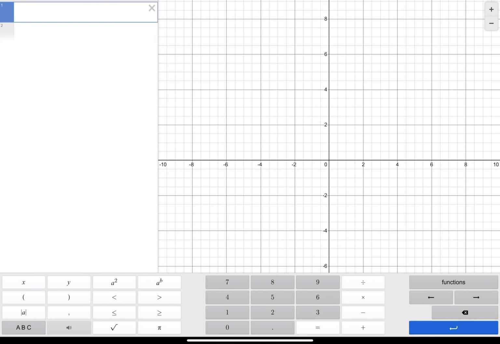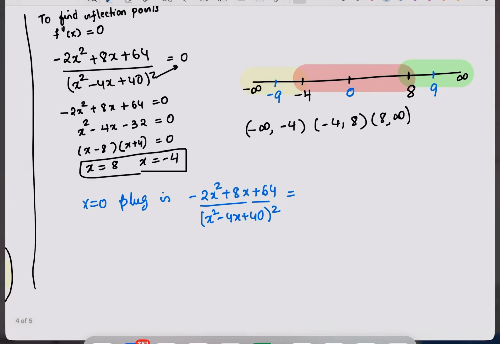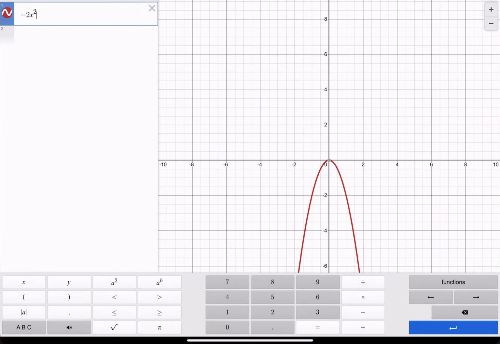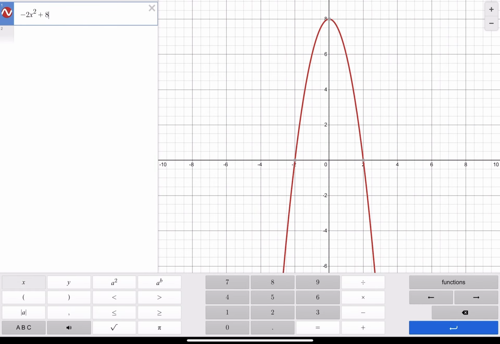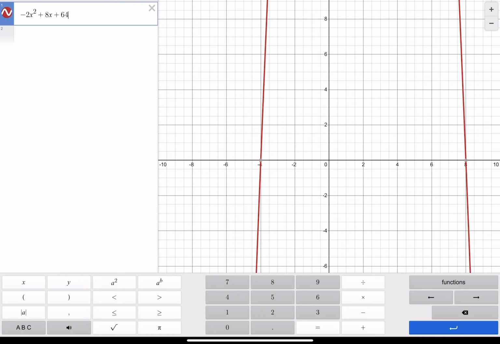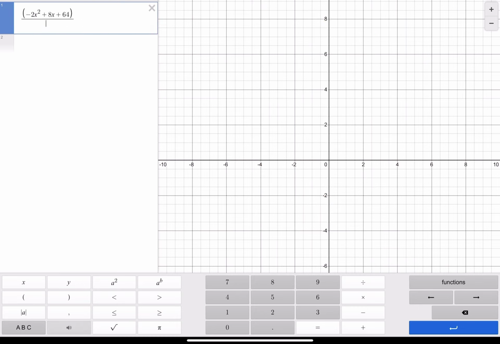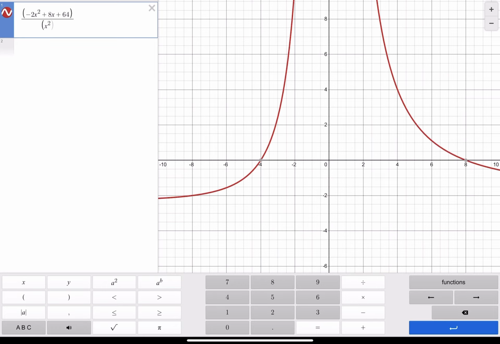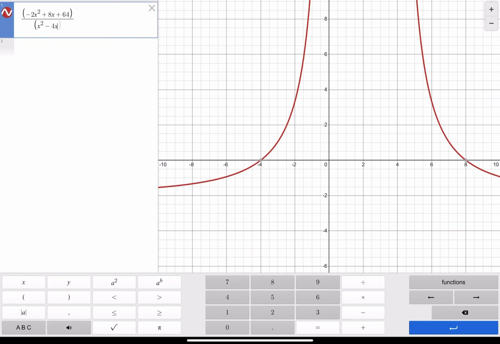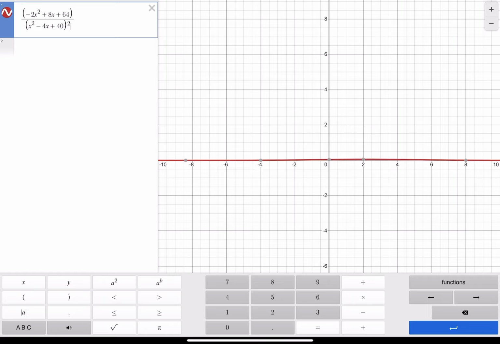This is my Desmos calculator. So this is negative 2x squared plus 8x plus 64 divided by x squared minus 4x plus 40 whole squared.